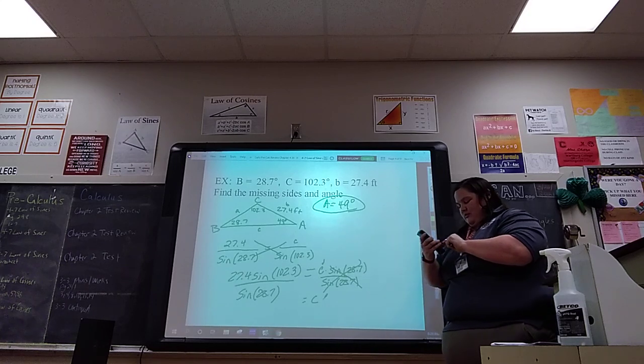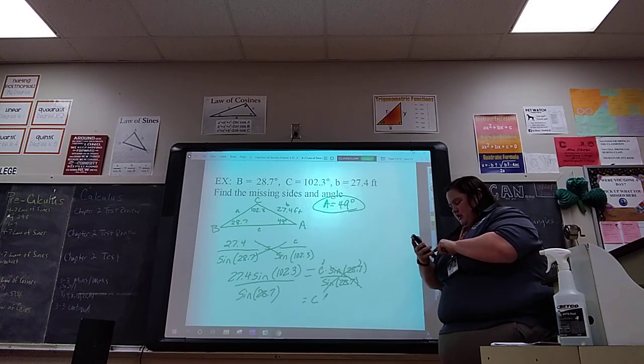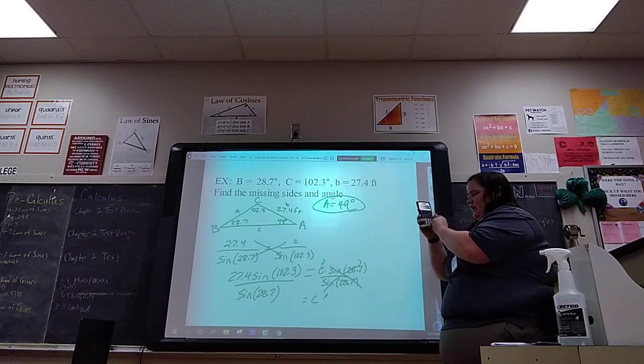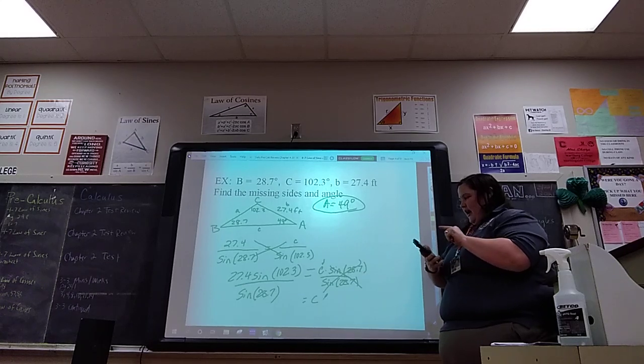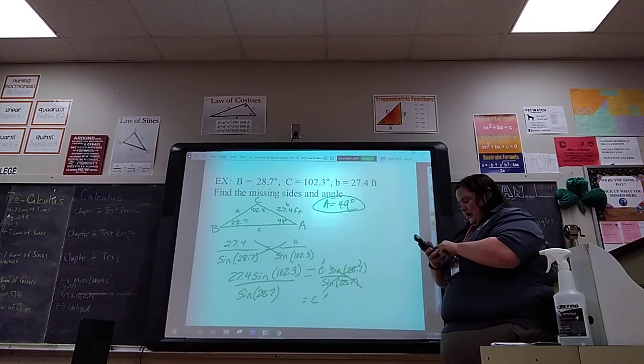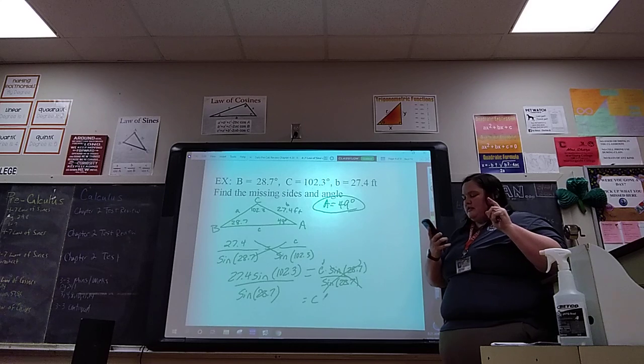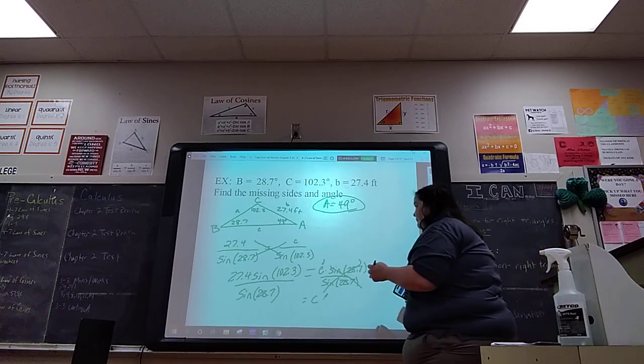So I'm going to take 27.4 times sine of 102.3. Like I said, if you're using one of my blue calculators, all you need to do is close that parenthesis, then hit divide, sine of 28.7, and then hit equals, which is 55.7.